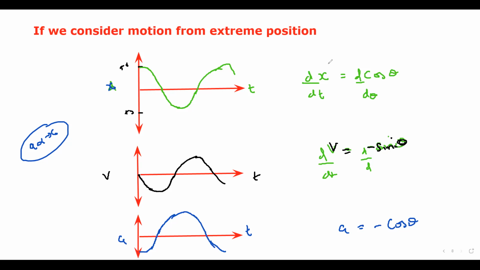Is it clear how, if we consider the motion from the extreme position, we can sketch the graphs for displacement, velocity, and acceleration?